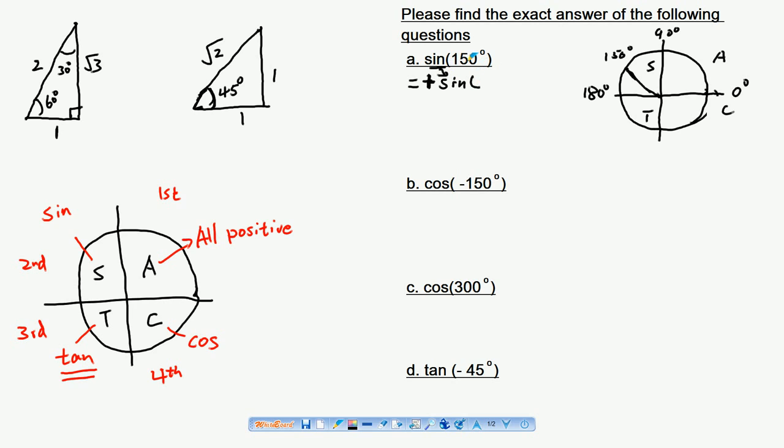And we have to change the number. Don't worry about the reason for now. We have to input an angle there.